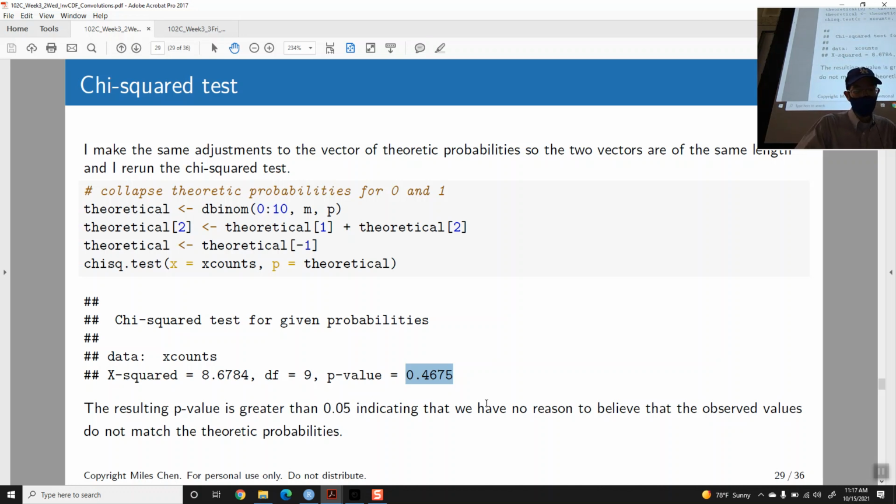So based on this, we have no reason to believe that the data we observed is significantly different from the expected probabilities as dictated by the theoretic binomial distribution.